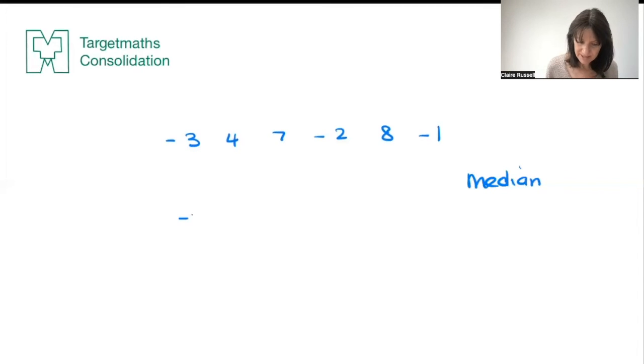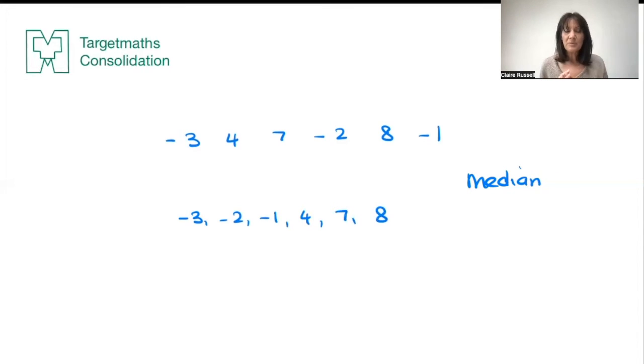Okay, so we've got -3, -2, -1, 4, 7 and 8. Put them in order, that's our norm, but actually essential for median, because if they're not in order, it's going to go wrong. So we are going to cross off until we get to the middle, but I have 2 in the middle.